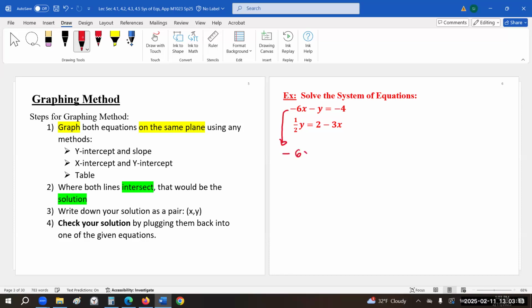Our first line is 6x minus y equals -4. Our goal is to convert them into y equals mx plus b format, because the slope and y-intercept will help us to graph. So first equation is this, and second equation is 1/2 y is 2 minus 3x.